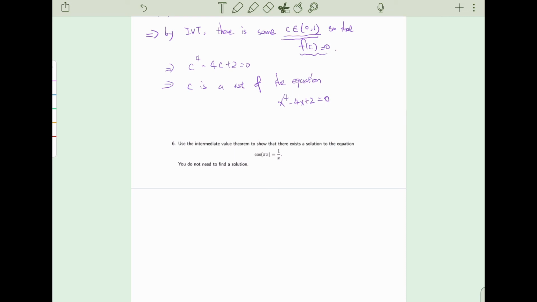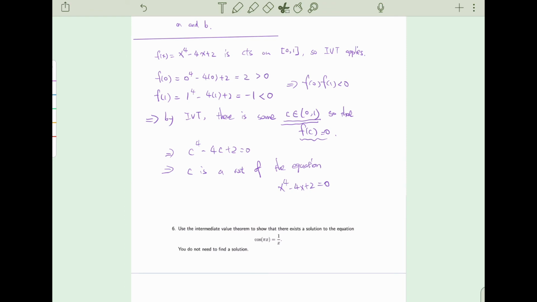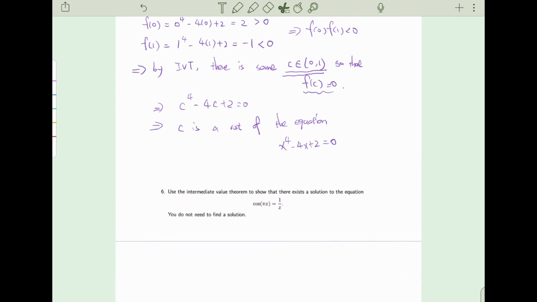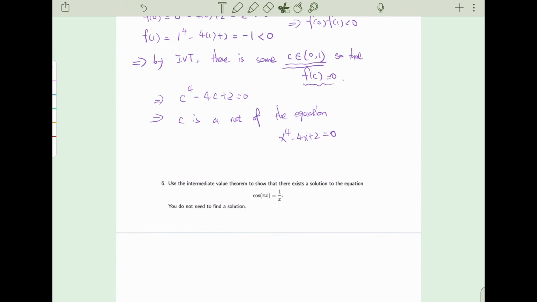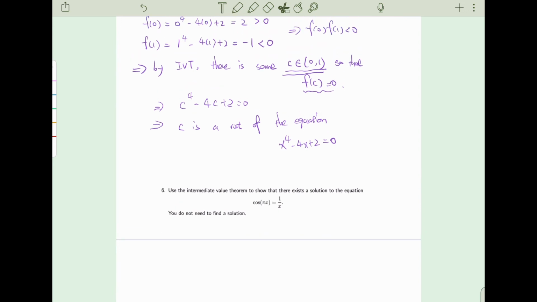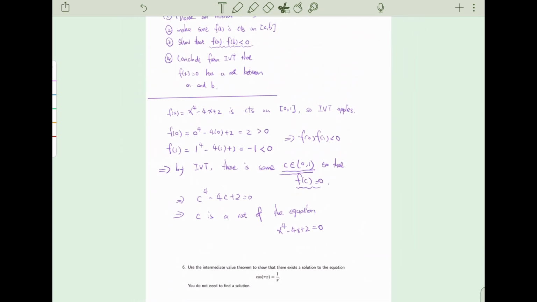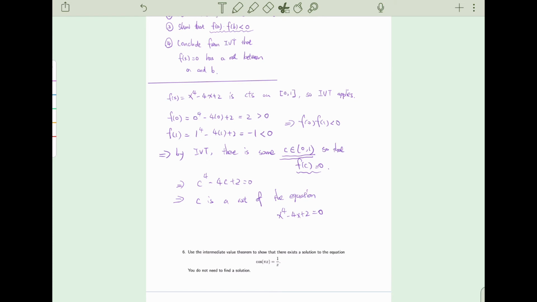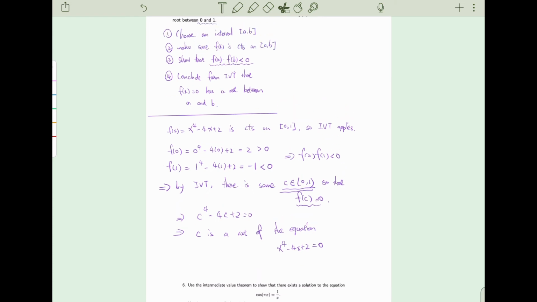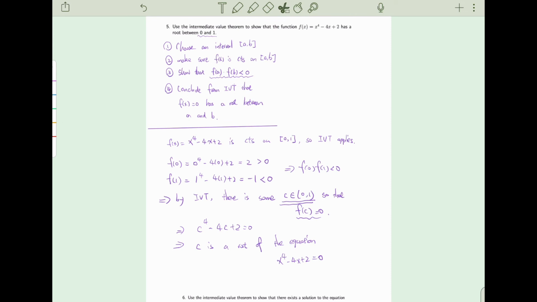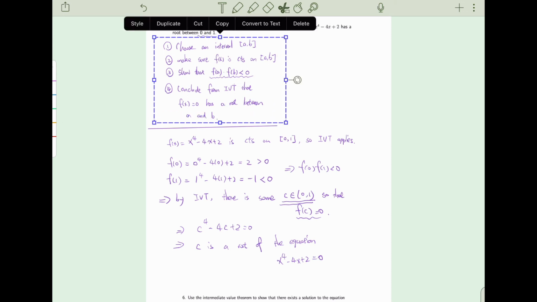So there exists a solution doesn't mean that we know what the solution is. So just follow the previous steps, okay? We have to firstly choose an interval, right? And that interval now is not given, so you need to find that interval yourself, okay?